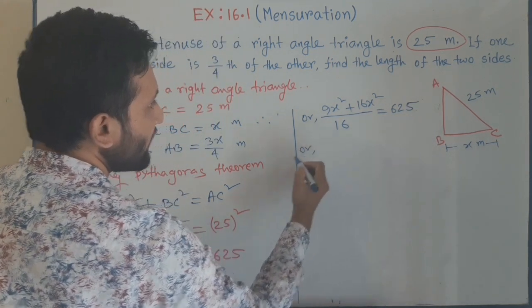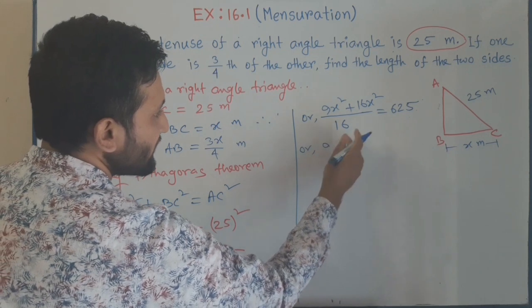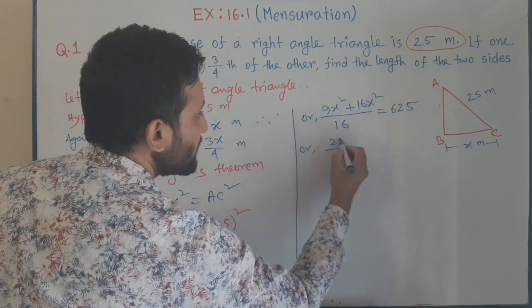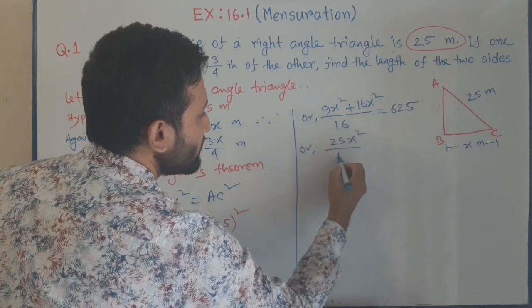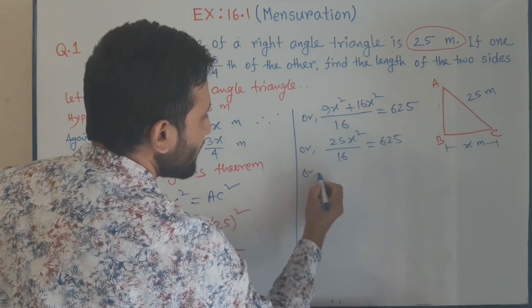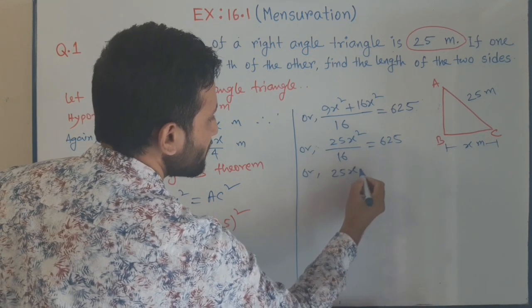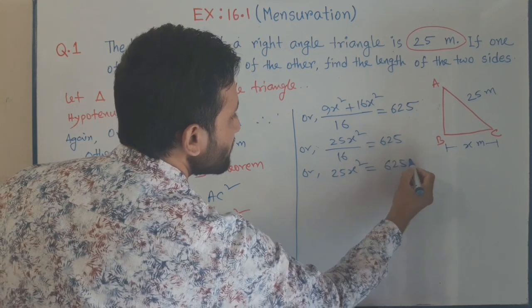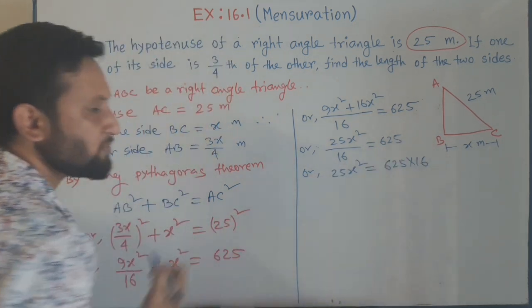So we can write 9x square plus 16x square, that means 25x square. So 25x square divided by 16 equal to 625. So we can write 25x square equal to 625 into 16 by using cross multiplication.